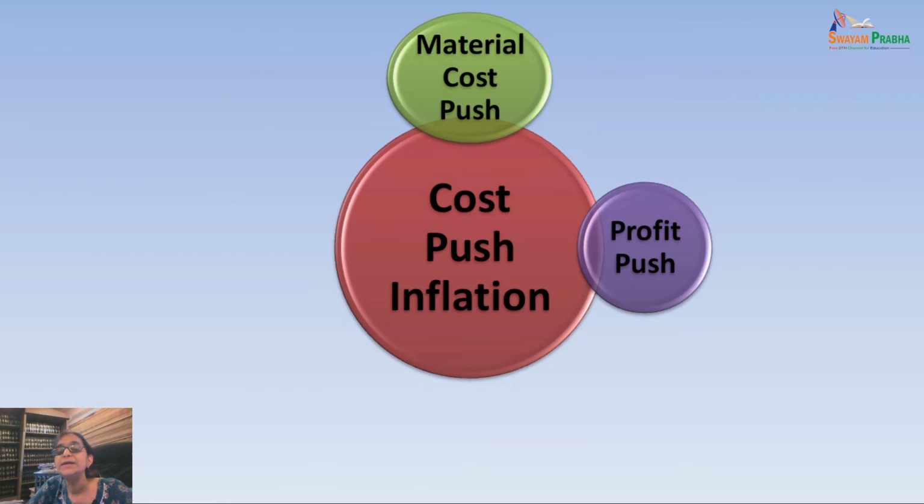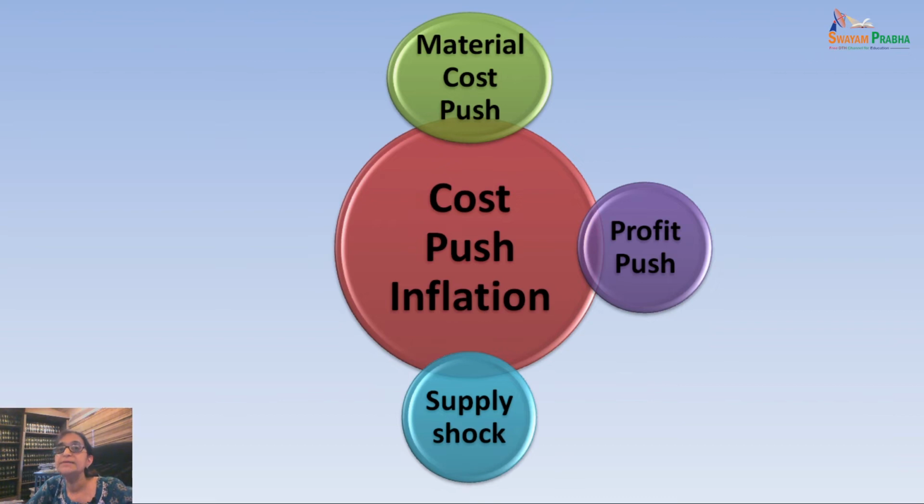Profit push means that the firms, when they are expecting that the profit percentage they earn is not as much as what they should be, want to earn greater profits. So in order to earn greater profits, they either reduce the supply or they increase the price, because they are changing the aggregate supply curve. So that is the profit push.